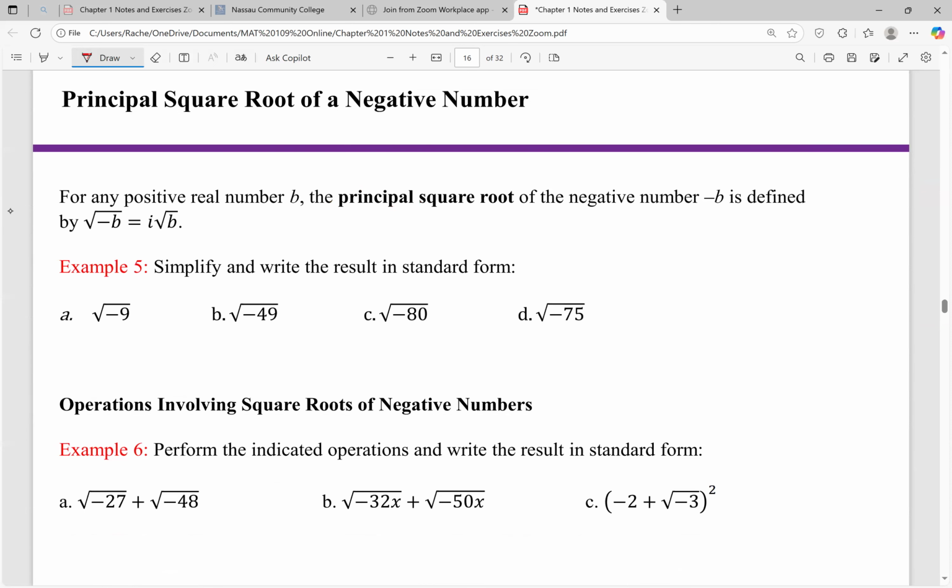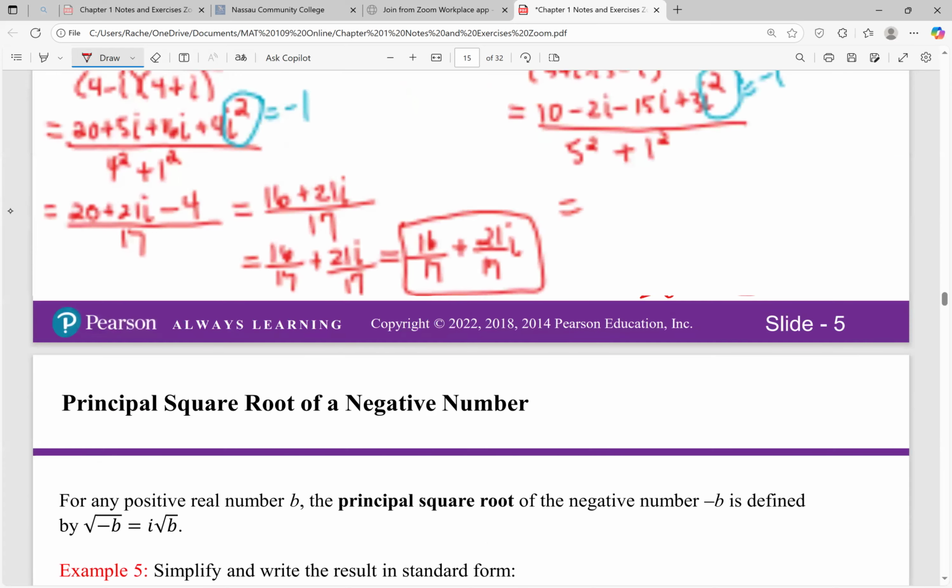So next we're going to look at the principal square root of a negative number. For any positive real number b, the principal square root of the negative number negative b is defined by the square root of negative b, but we could write that as I times the square root of b. And the reason is, let's go back to that first slide.